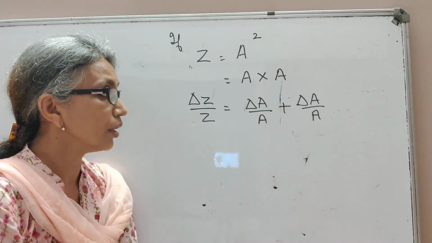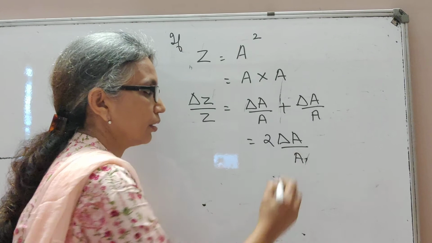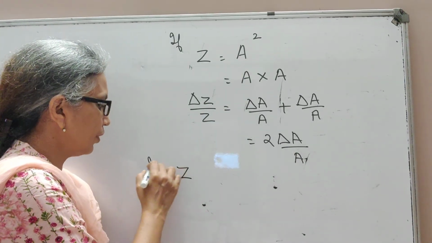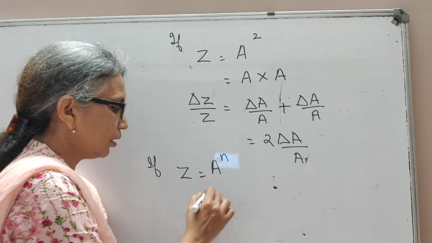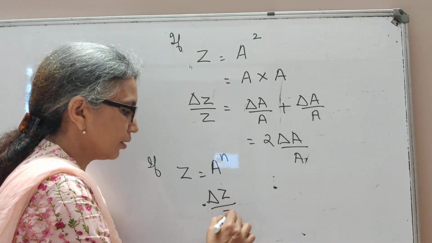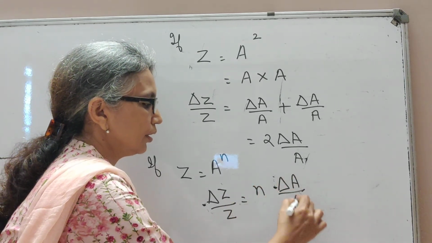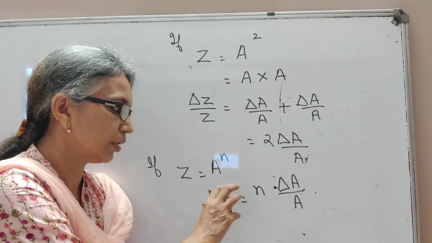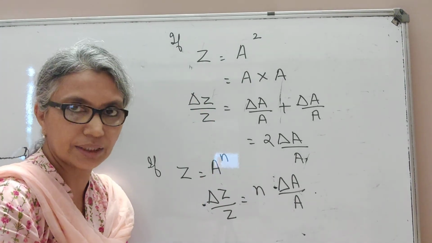So we have this, and this is 2 delta A by A, right? So we can generalize and write, if we have Z is equal to A raised to N, then relative error in that result is N times the relative error in that reading. This is the final result for any quantity that is raised to power N.